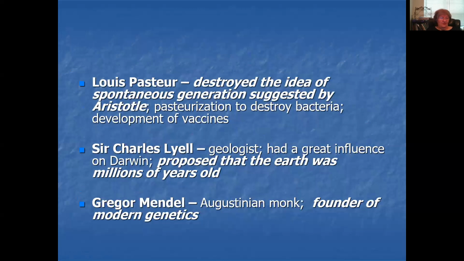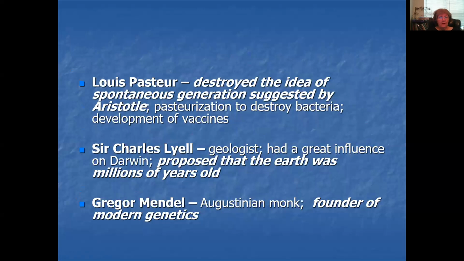But he believed that the earth was millions and millions of years old. And today we even look at billions of years, right? So Charles Lyell kind of planted that idea in Darwin, which helped Darwin develop his theory of evolution. Because in order for evolution to be true, we need to have millions of years, a long time period.